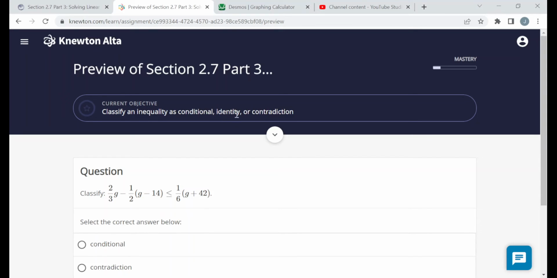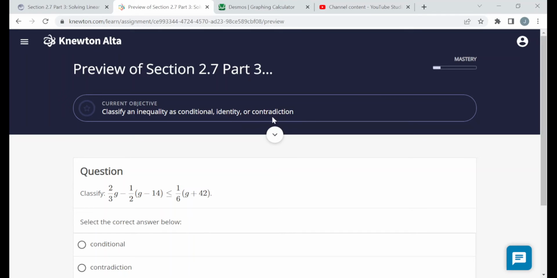An identity, just like with the equations, is a statement that's true all the time. It's a statement that's true for every value possible, in this case every real number. You can plug in anything you want for the variable, and it will be true, no matter what.